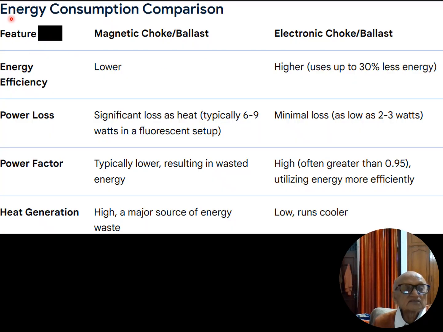Friends, this table shows energy consumption for two different types of chokes: magnetic choke or ballast and electronic choke or ballast. Energy efficiency in case of magnetic is very less. Here it is higher.